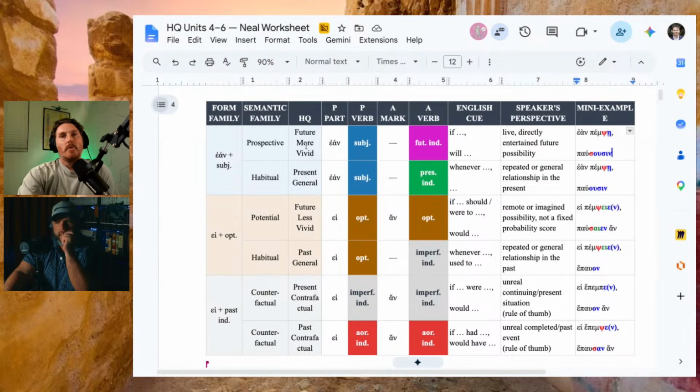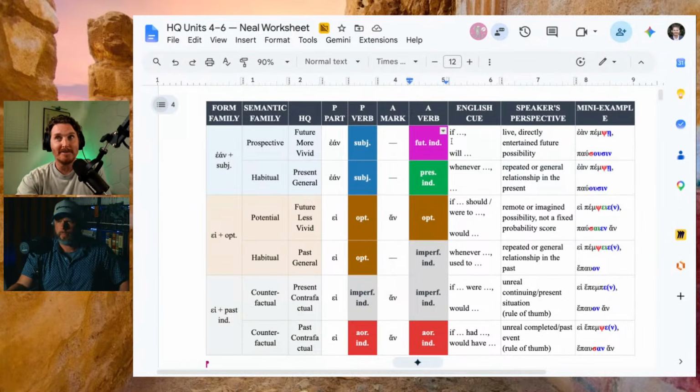Well, the way you can tell the difference between future more vivid and present general, whether it's prospective or habitual, is this: the protasis looks exactly the same. It's ean plus subjunctive, right? This is ean pempse, this is ean pempse. They match. The difference is in the apodosis. So if the apodosis is future, it's future more vivid. If the apodosis is present tense, then it's present general.